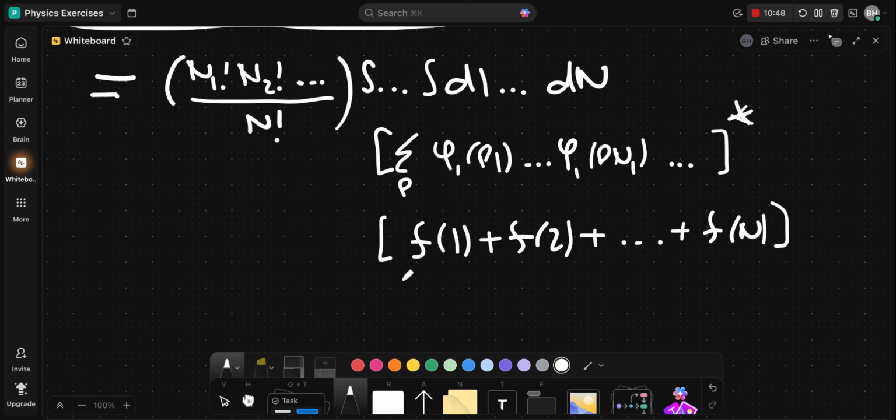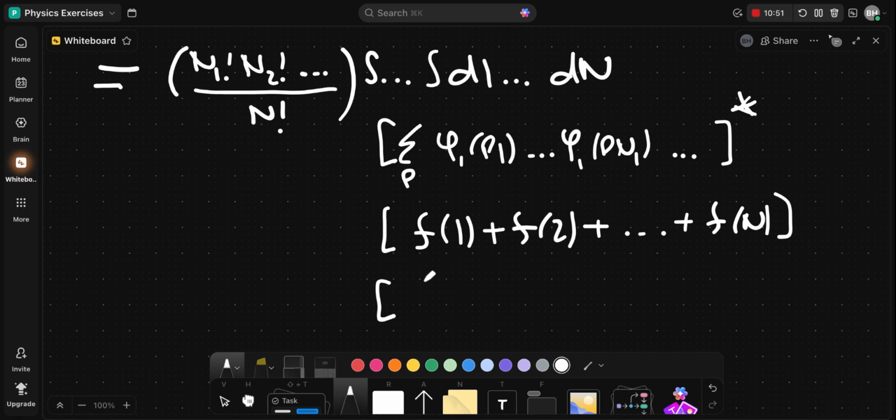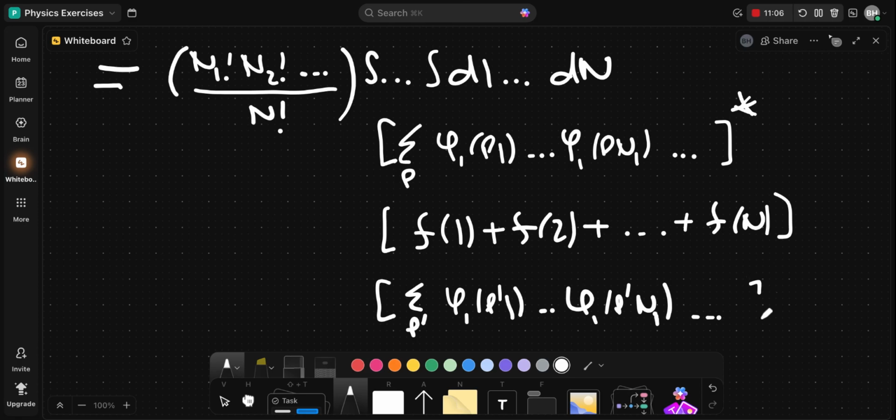And I have another sum, which is over p prime of phi 1 p prime 1, etc., phi 1 p prime n1, and the other terms too. From here to here, you have n1 phi 1 states, then n2 phi 2 states, n3 phi 3 states, and so on. And the same goes for this part. So this is what we have to evaluate.